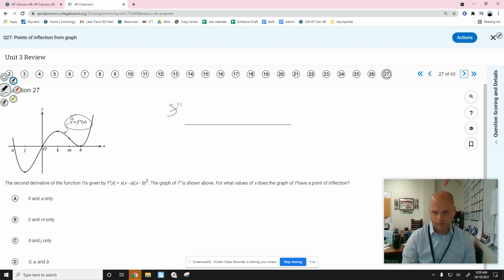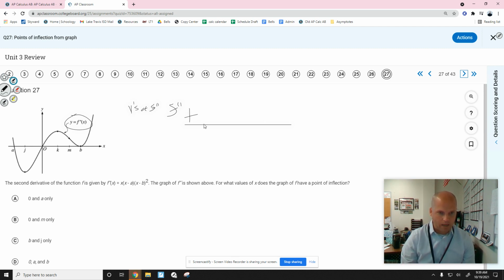This is the second derivative. Just like the last couple questions, if I'm given what I'm looking for the signs of, just look at the y's of what you're given. It might be different from if I gave you F prime and asked you for points of inflection. Then we have to look at something else. But here we're still sticking with y's.